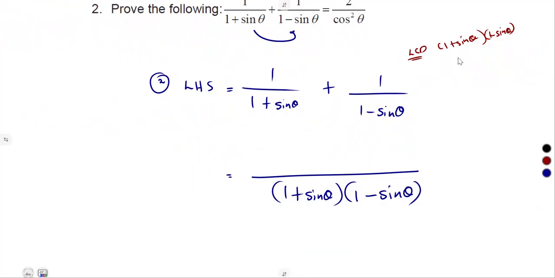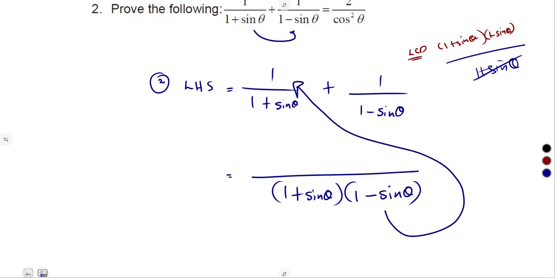So if you take this LCD and divide by the denominator, 1 plus sine of theta, as you can see, these cancel. Then you remain with 1 minus sine theta, because this cancelled.